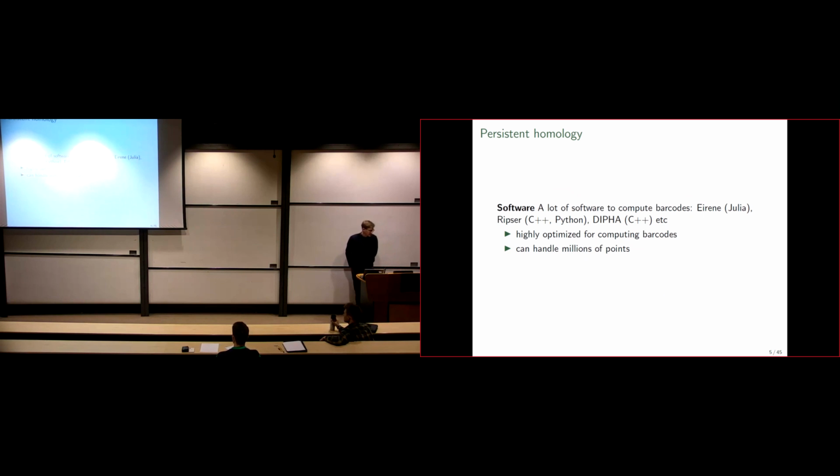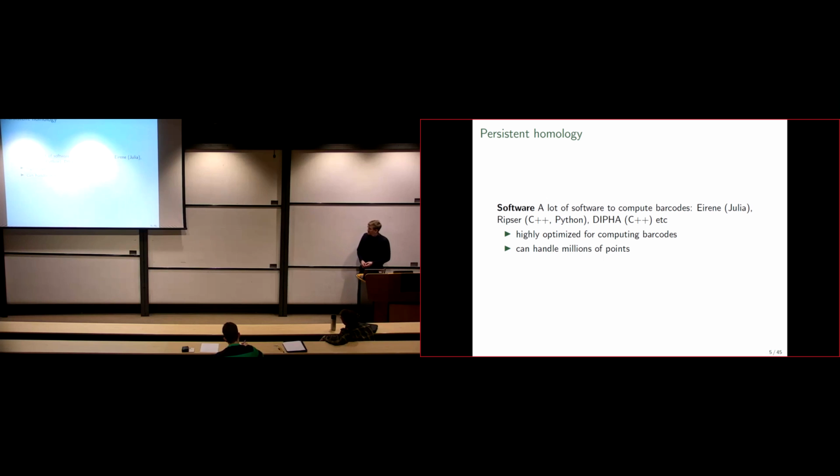And to compute this, there is a lot of software. Agnese will tell you next week about Gudhi, which you will use to demonstrate some computational examples. And there are also Ripser in C++ and Dipha and many other software packages. So this is just a small set of examples. And they all use different types of optimizations.